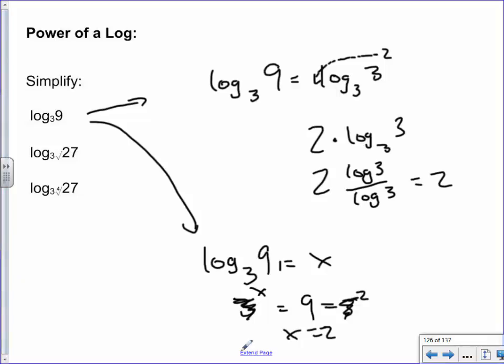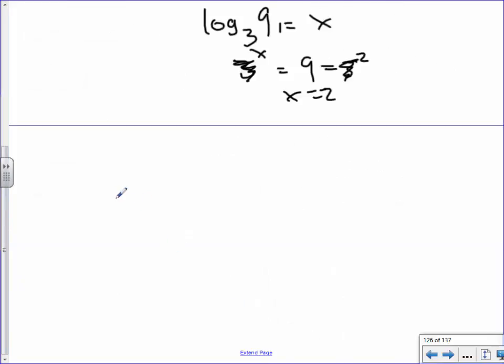Alright. Let's try the next one. Log base 3 of the square root of 27. Do you guys remember how square roots work for exponents? A square root means the exponent is 1/2. Should write this to the side. x to the 1/2 is the square root of x.